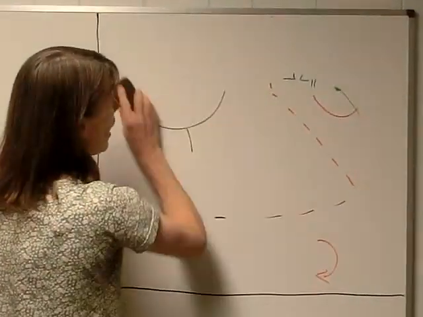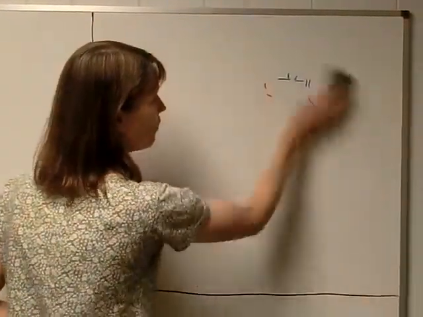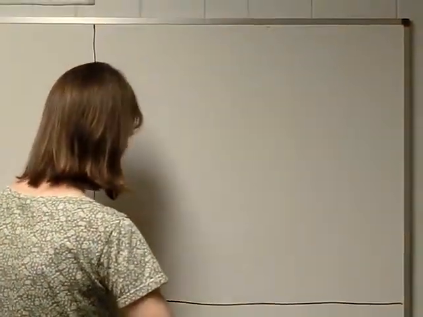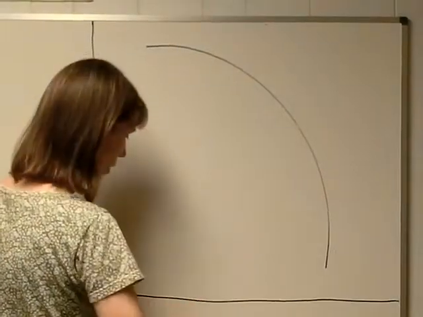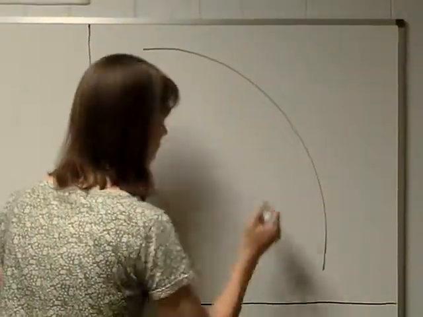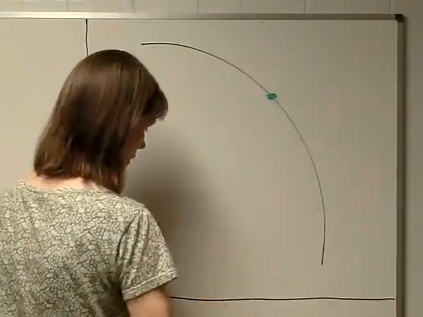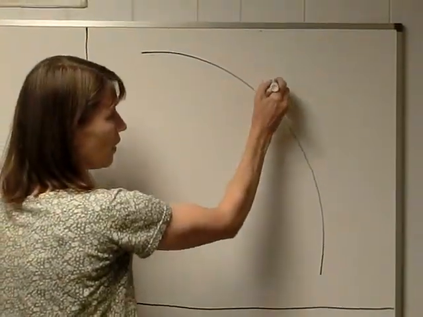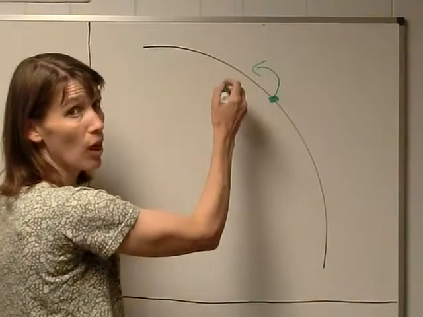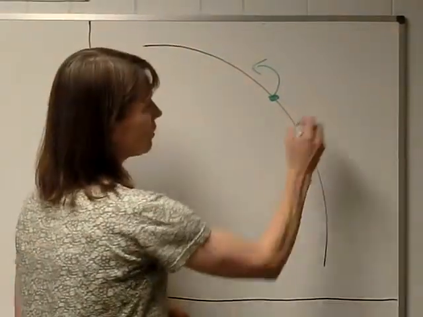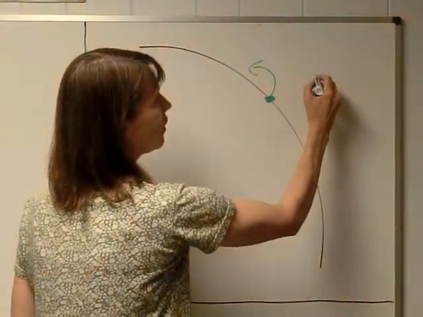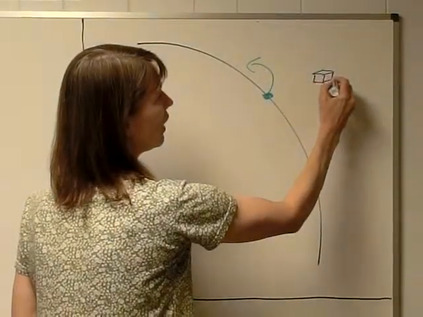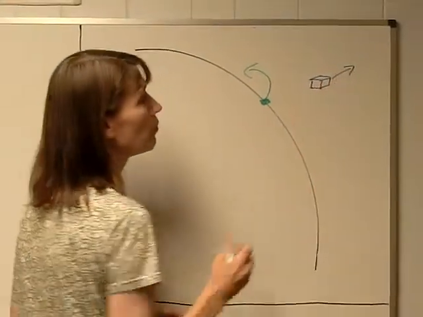Let's think about if we're sitting at a point, again in the northern hemisphere, and therefore we are spinning in the counterclockwise direction. Let's imagine a parcel of the atmosphere here, a little parcel of air, moving along in this direction.